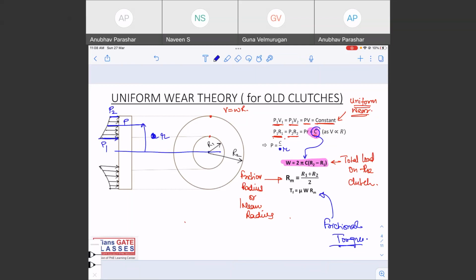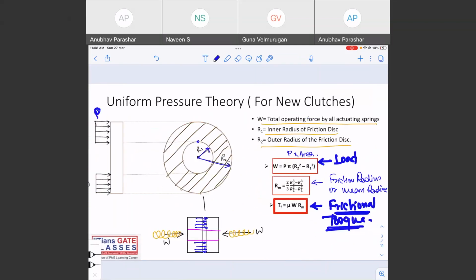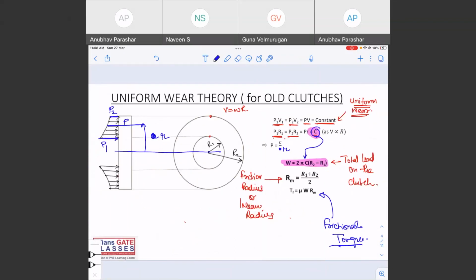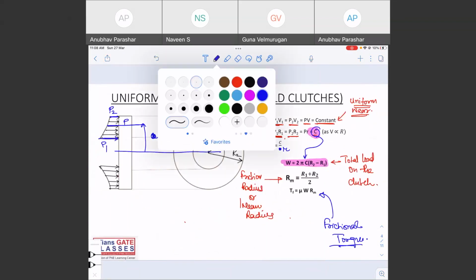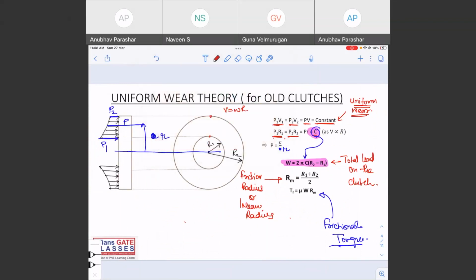But we have not seen if pressure is more or less. Okay, we have not compared. We don't know what the pressure is here. We have not compared the pressure here and here. We just know that pressure at the inner radius of the uniform theory. Okay, to some extent you used logic, but your logic is not correct.